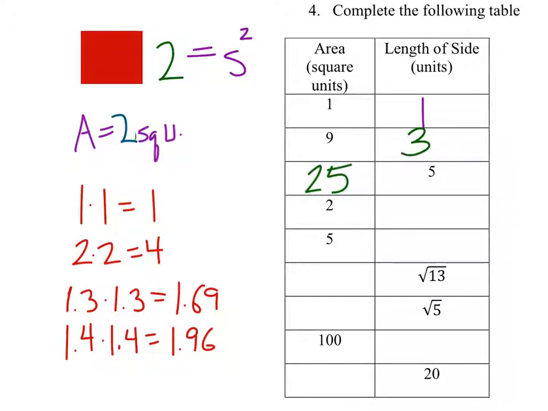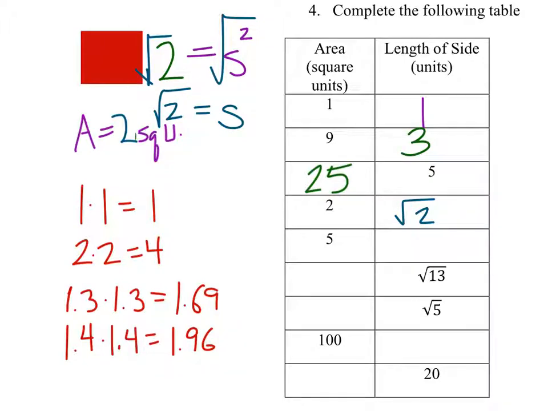So what this means is if I were solving equations using principles of equality, I would square root both sides, and then I would have just the s, and I would have the square root of 2. So the length of the side of a square with area 2 would be square root of 2.